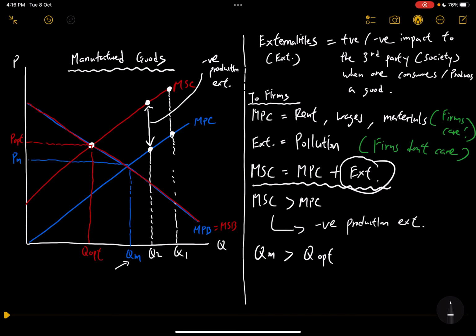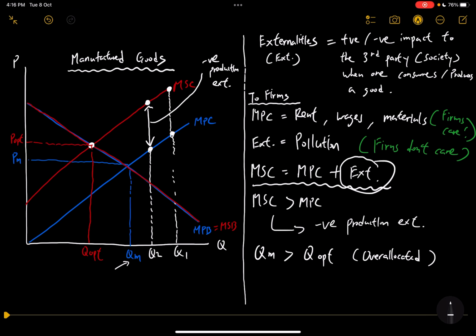Which is already giving us a very simple idea. If that is the case, would you say this manufactured good is over-allocated or under-allocated? Well, for sure it is over-allocated, because in reality, we make way more than what the society has expected.